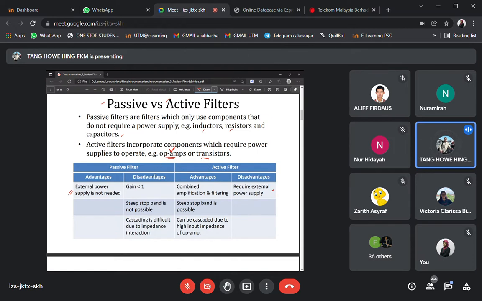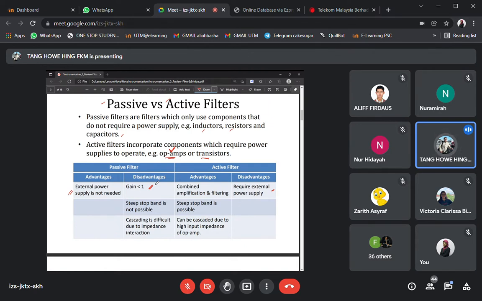But when it comes to the disadvantages of passive filters, we can see that the output filtered signal always has a gain less than 1. It means that after we filter the signal, the signal will experience energy loss.